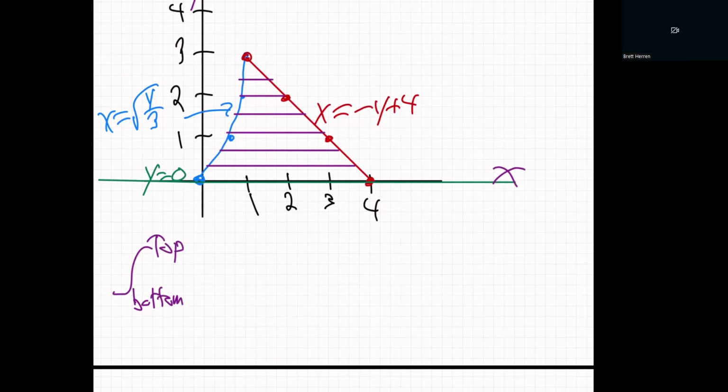And each of these rectangles, say like this rectangle right here, is going to have an area. The height of it is just dy. And the width of each of these rectangles, from here to here, is the right point minus the left point.